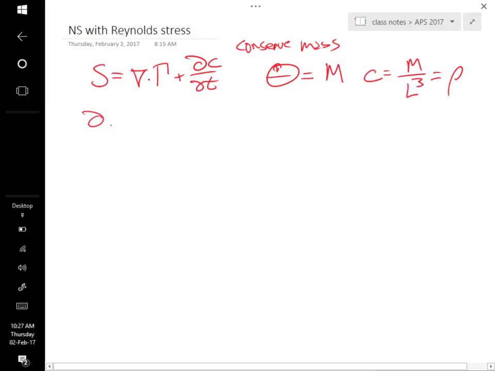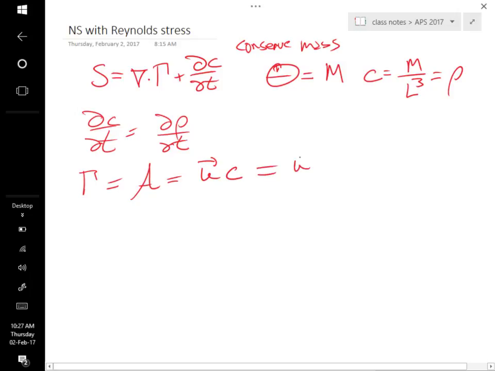So the storage term is just the rate of change of the density. For the flux, we just have the advective flux, which in general is going to be velocity times c. That's our general expression for advection, and in this case it'll be velocity times the density.